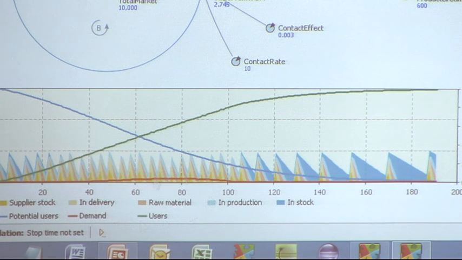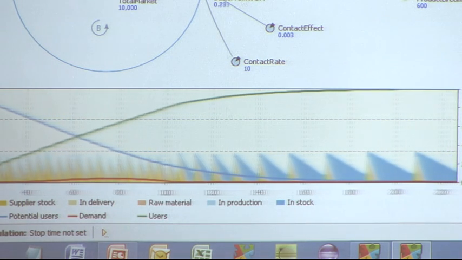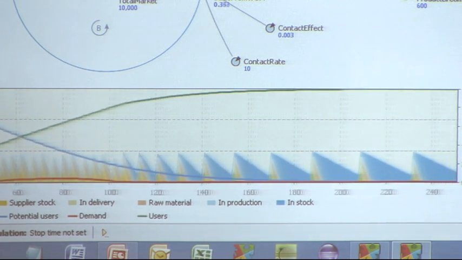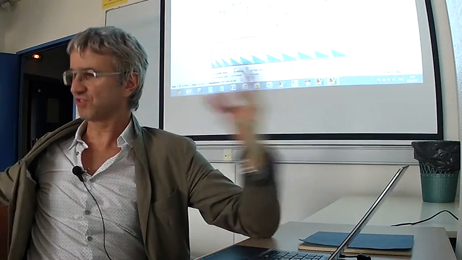But as the market gets saturated, the demand goes down, and then the supply chain works in a pretty relaxed way. So it can satisfy, and the demand is actually close to zero. Okay, so different aspects of the integrated system, market and supply chain, are modeled with two different methodologies: system dynamics and discrete events.